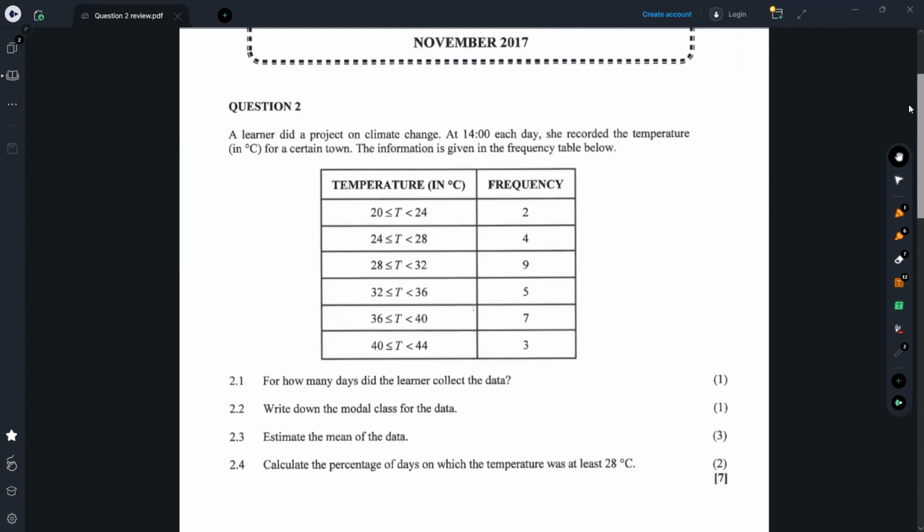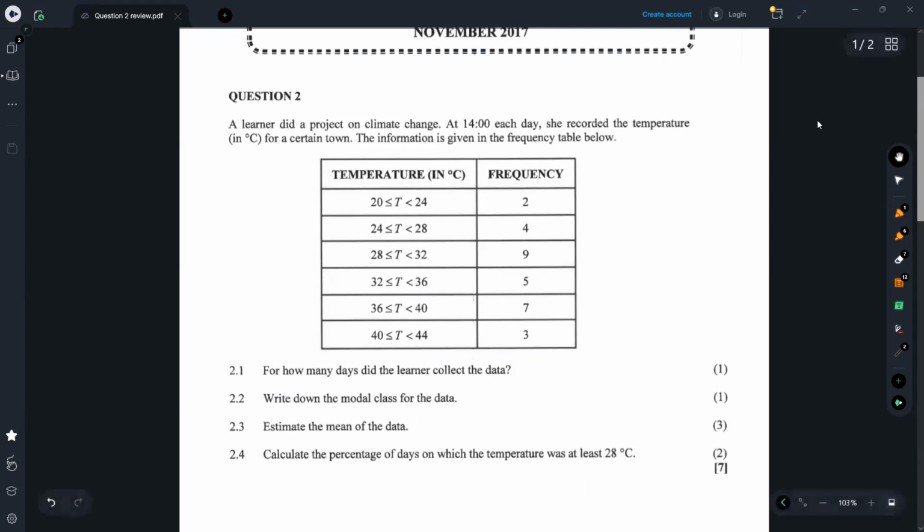So this is an example of grouped data here, right? Because we don't have the individual values of the temperatures that she has recorded, but rather we know that between 20 degrees and 24 degrees, there are two values of temperature that fall within that category, and so on and so forth.